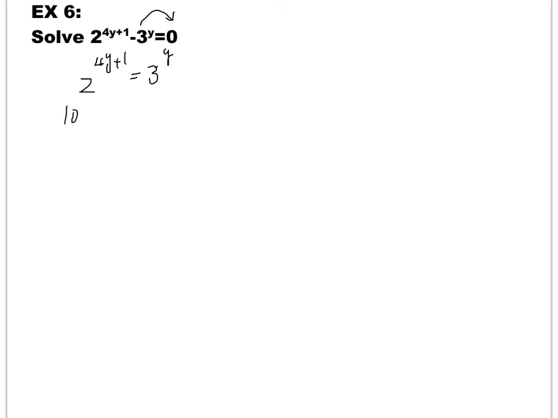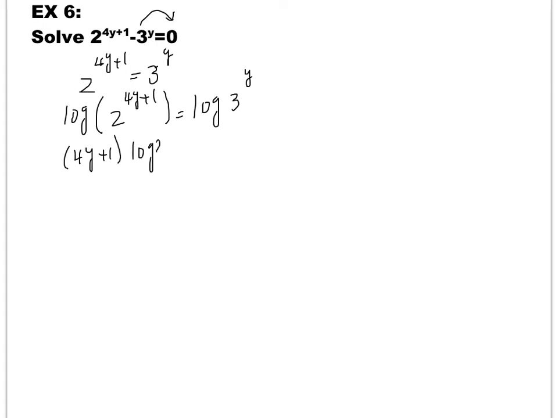I get log of 2 exponent 4y plus 1 is equal to log of 3 exponent y. But the log function is going to bring the exponent down, so I get 4y plus 1 log 2 is equal to y log 3.